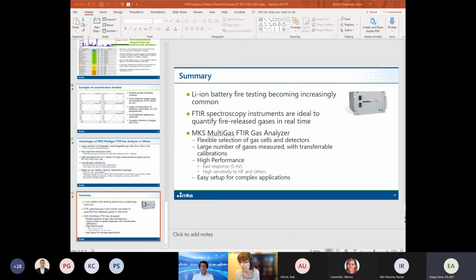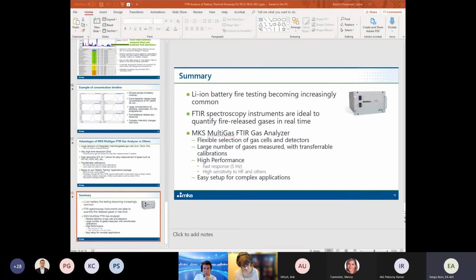And maybe one follow-up question, if I may, about the reaction rate of the gases that are piped from the source. So we have a certain amount of reactive gases like carbon monoxide that are emitted, and then they travel a certain distance and a certain time to the analyzer.